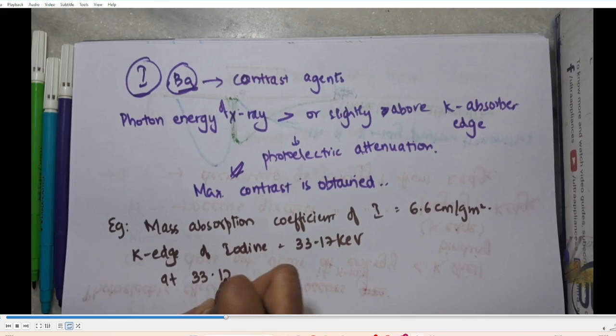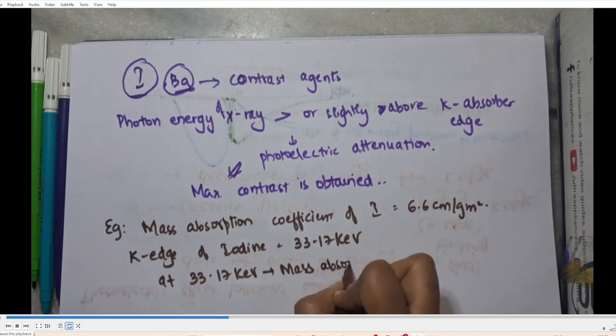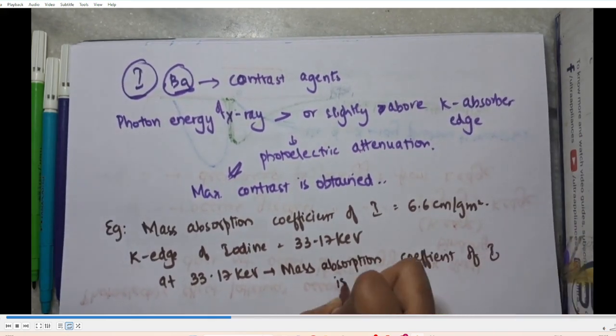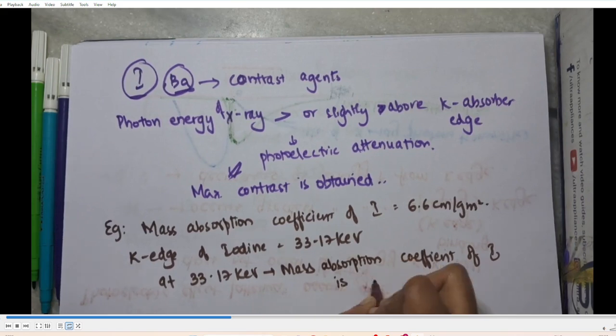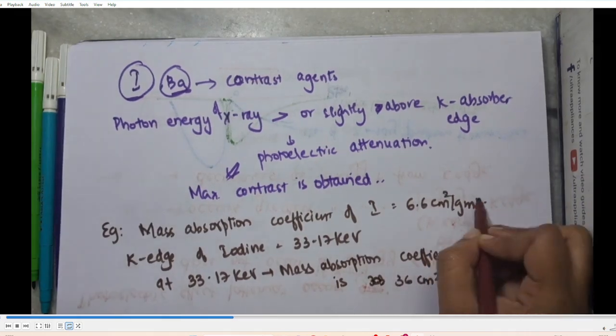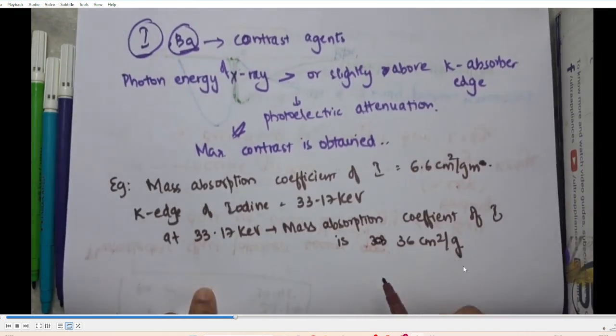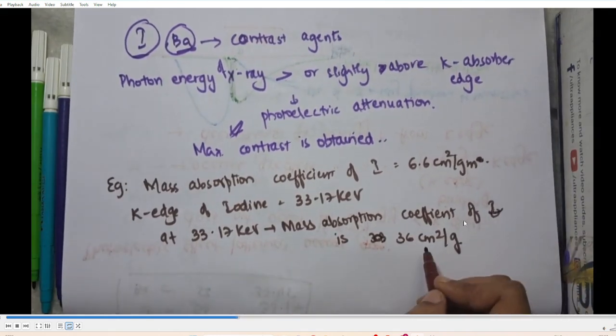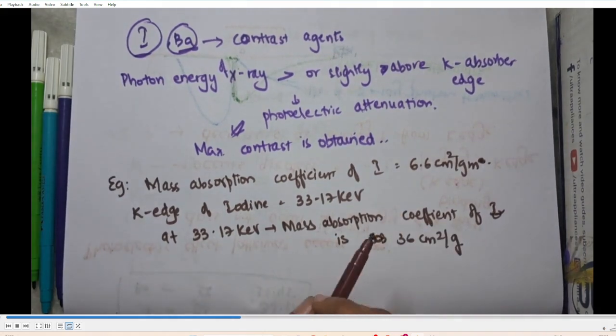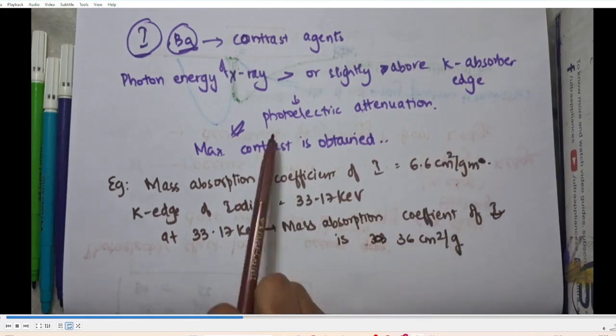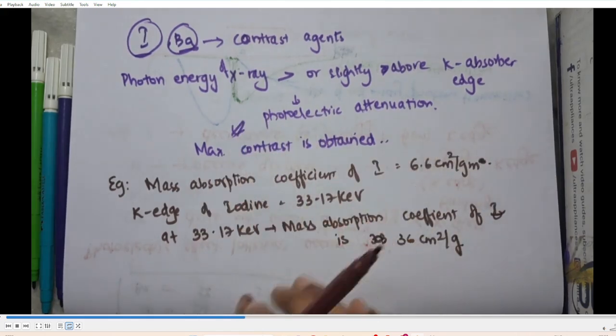The K edge of iodine is 33.17 kilo electron volts. So the mass absorption coefficient increases or becomes maximum at or slightly above the K edge. Similarly, the K edge of barium is also given.